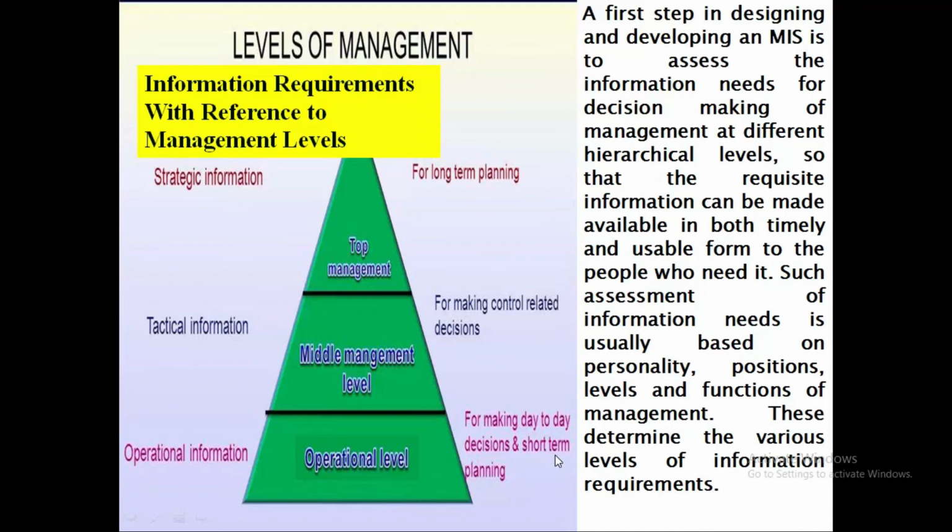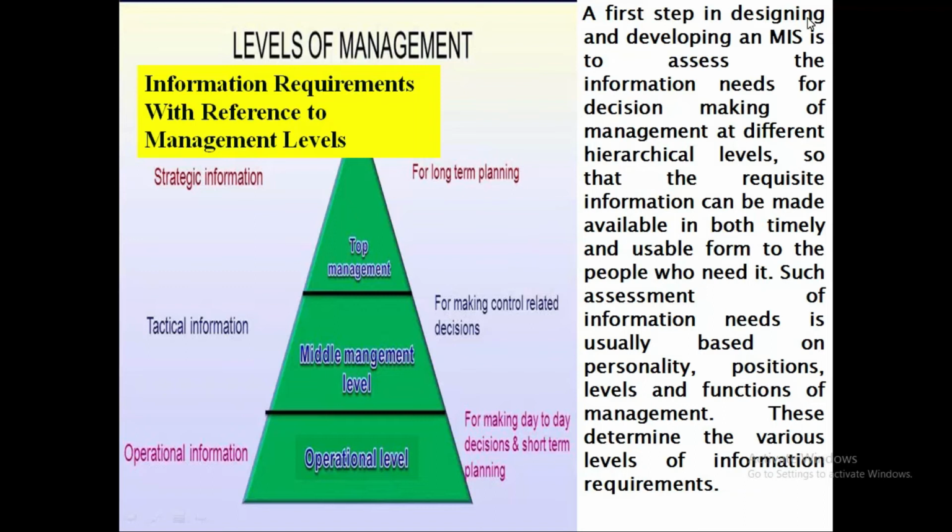So it's a must to have the information system which is accessing the correct strategic information, correct tactical information, and absolute operational information, so that all these operations at all these levels can be done smoothly.